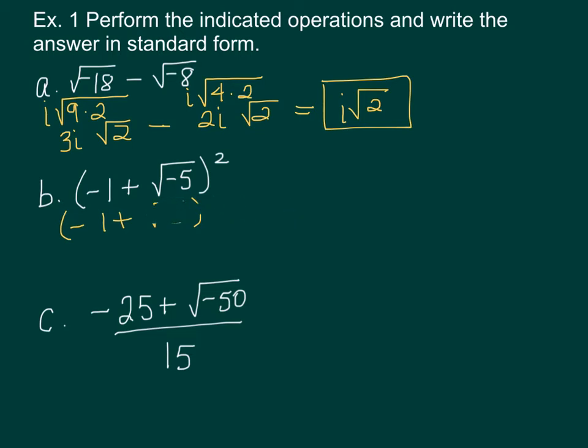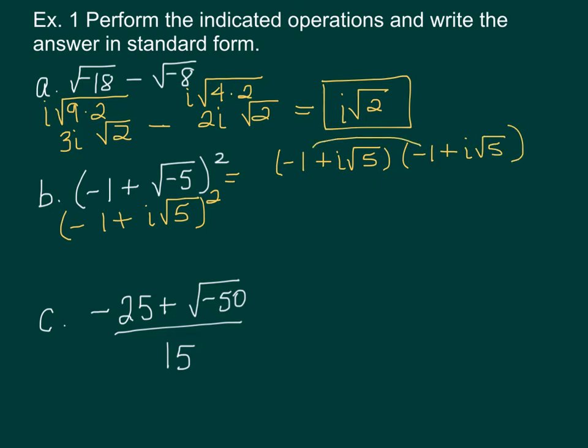I said before you do anything, you have to express the square root in terms of i. So we're going to bring out the i. Now, this means to write it twice. And now we can FOIL.